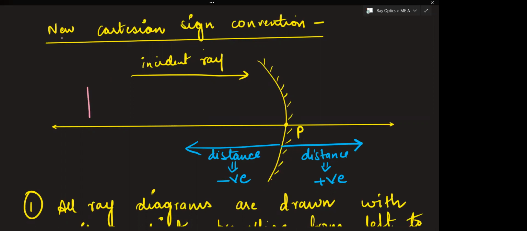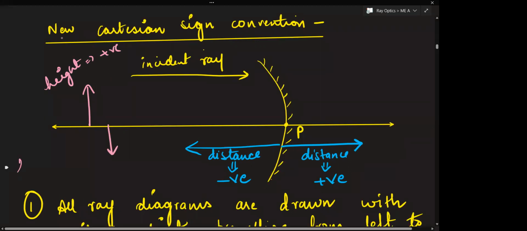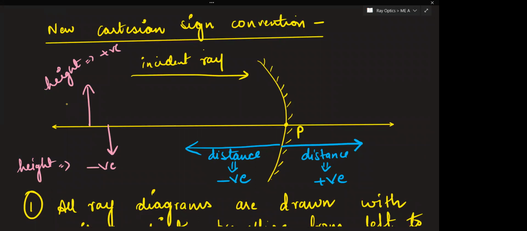Now regarding the height of the object. If the object is kept above the principal axis, the height is written as positive. And if it is below, the height is negative. So all heights above the principal axis you will write as positive.